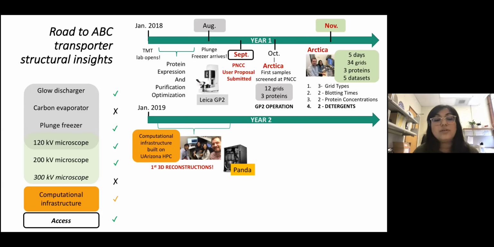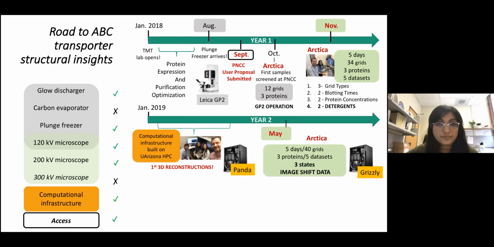Being the only real active cryo-EM lab at the University of Arizona, this was something we had to build from the ground up. We also purchased our first workstation, Panda, and utilized our ability to process quickly on it to validate some of the tools to build an infrastructure on our high performance computing cluster. What we found from our first 3D reconstructions during this time is a preference for detergent and ideal conditions for sample preparation.